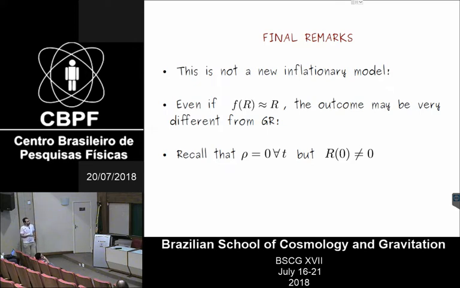So it could be, yes, that R is large when the source is large, but that's not the only possibility. We usually take for granted that R should be large in the early universe, but that's just because you are educated using GR, where that's true. But that's not GR, that's F(R), so that's not necessarily true. Rho and R do not necessarily go together.